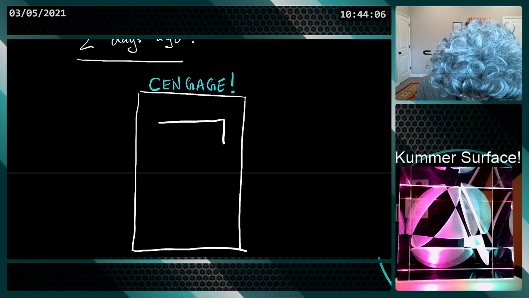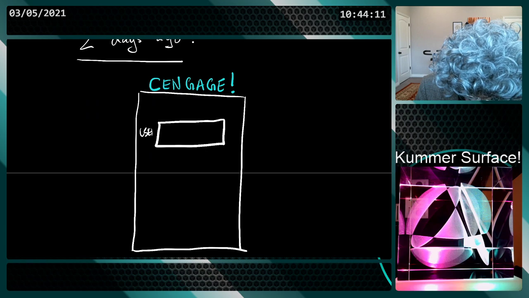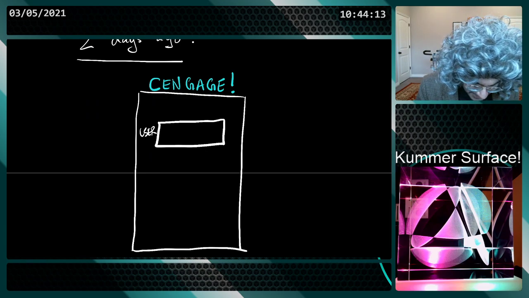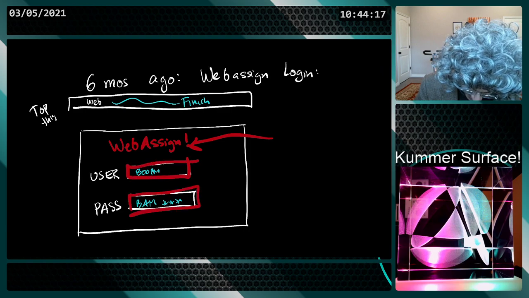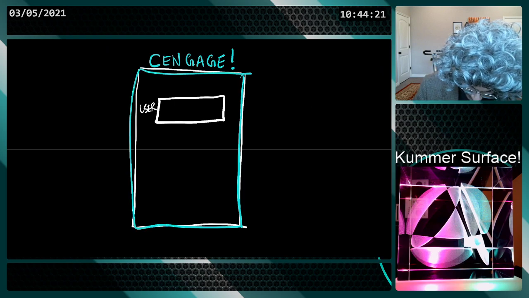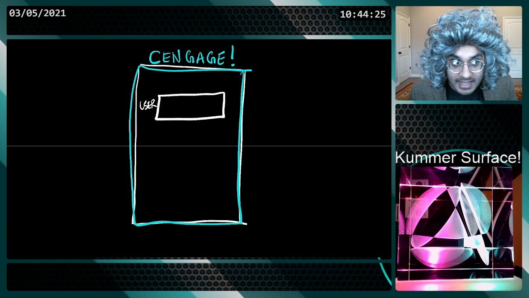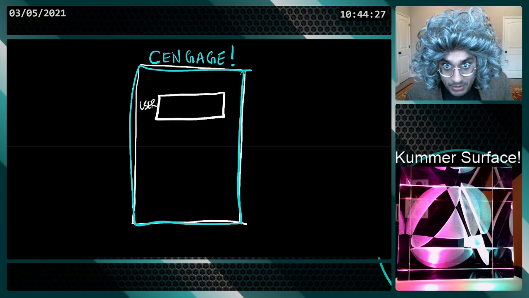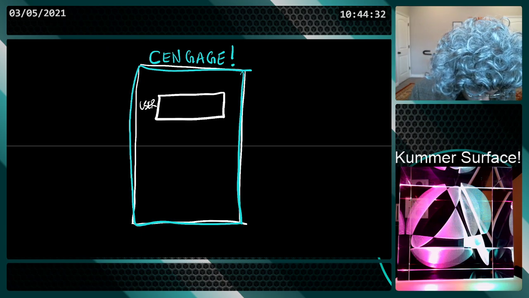It just says one box, which is user. And it's a different color. The color scheme changed. It was red, and now it's all blue. I guess my computer doesn't remember because it's different shapes.